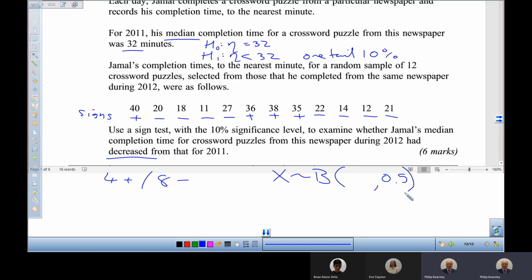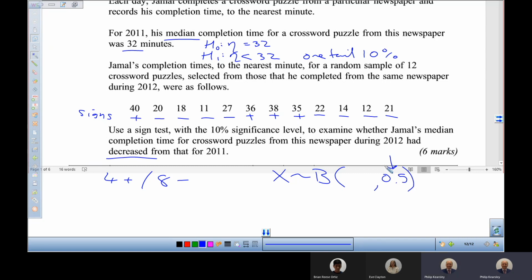You're going to generate a probability of how unlikely a 4 or an 8 split is. So it's always 0.5, it's always 50-50. The reason why it's 50-50 is because half should be plus, half should be minus. We didn't end up with half and half, we didn't end up with 6 and 6. We ended up with 4 and 8. How unlikely is 4 and 8?